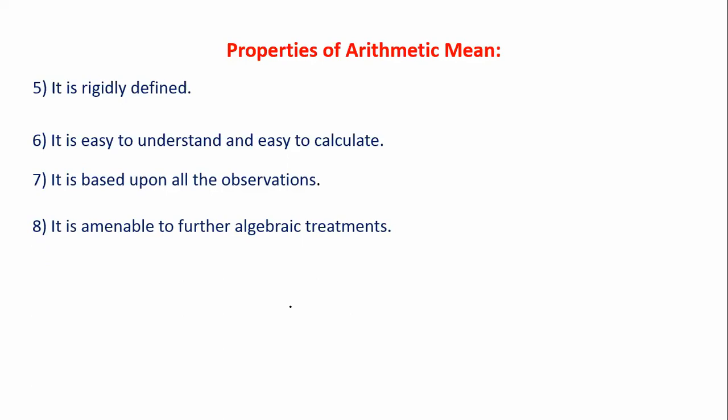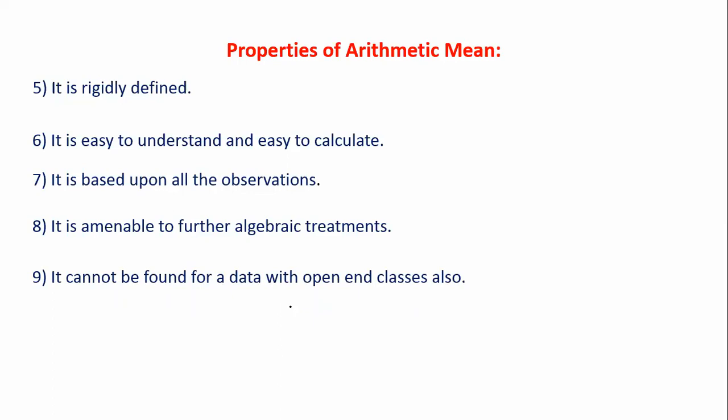We have seen the change of origin and scale property. We are finding x bar from y bar. Then in the previous formula, we have obtained the formula of combined mean. So there are so many uses. So further manipulations can be done. And also soon we are going to learn so many different formulae in which different manipulations are possible.